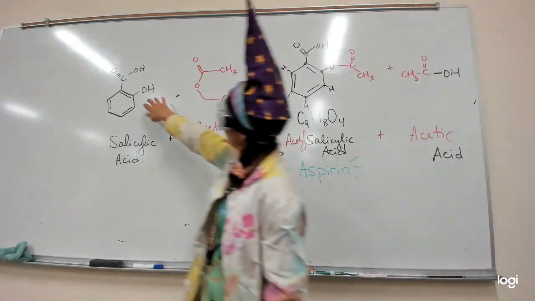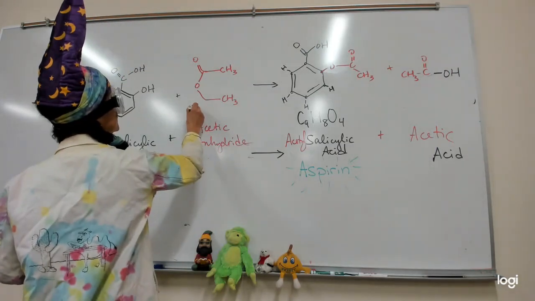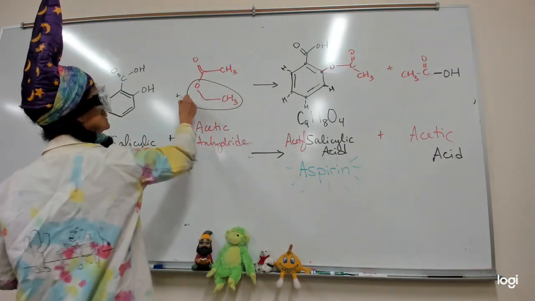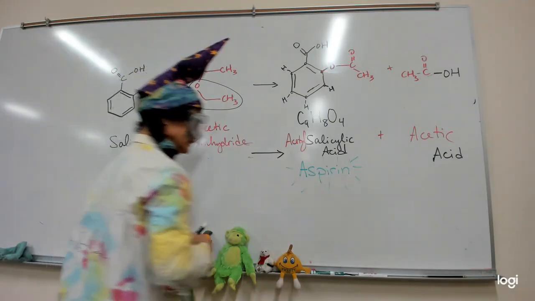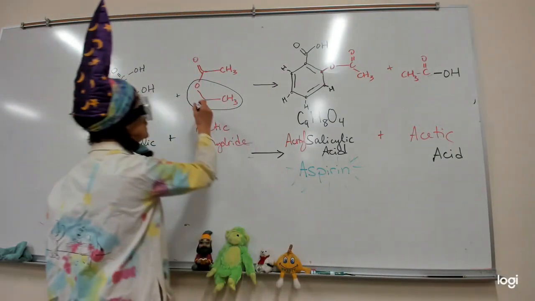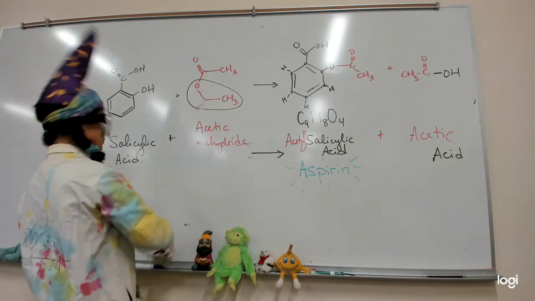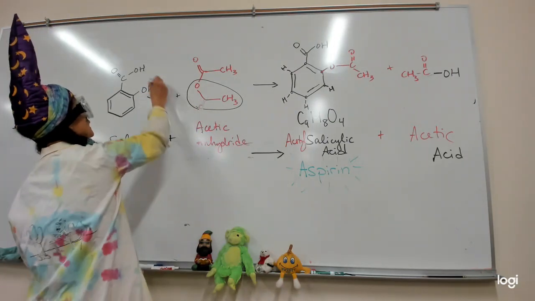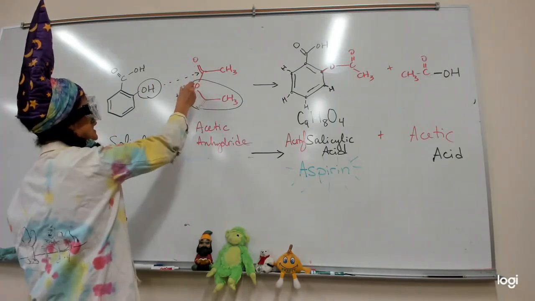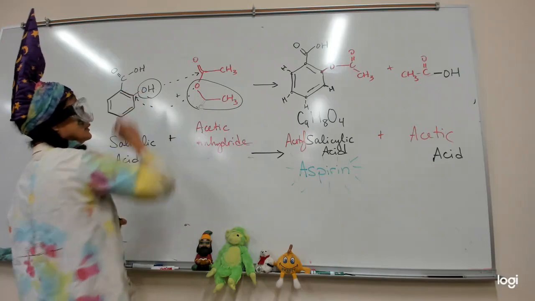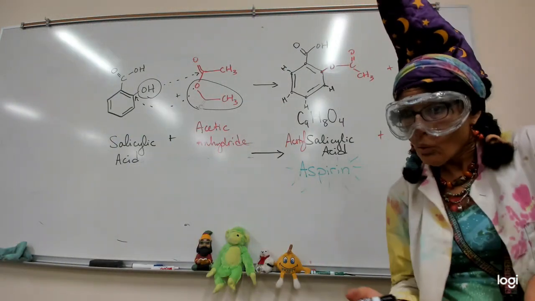And so this OH pops up and this piece pops on. Oh, you know what? Your teacher forgot to draw the bonded O there. And then this OH, it's going to hook up right there. And this is going to hook up right there. And we get acetylsalicylic acid, which is aspirin.